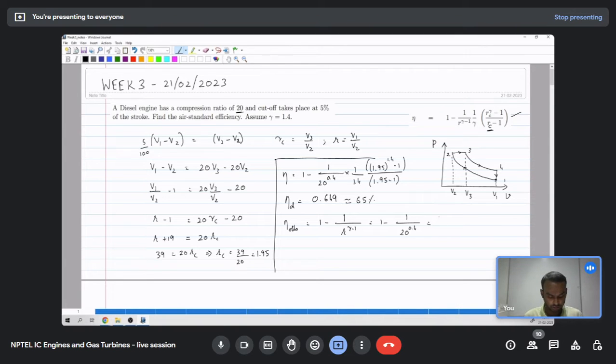So this is 69.8%. So we see there is around a 5% difference in efficiency between the Otto cycle and diesel cycle for the same compression ratio.